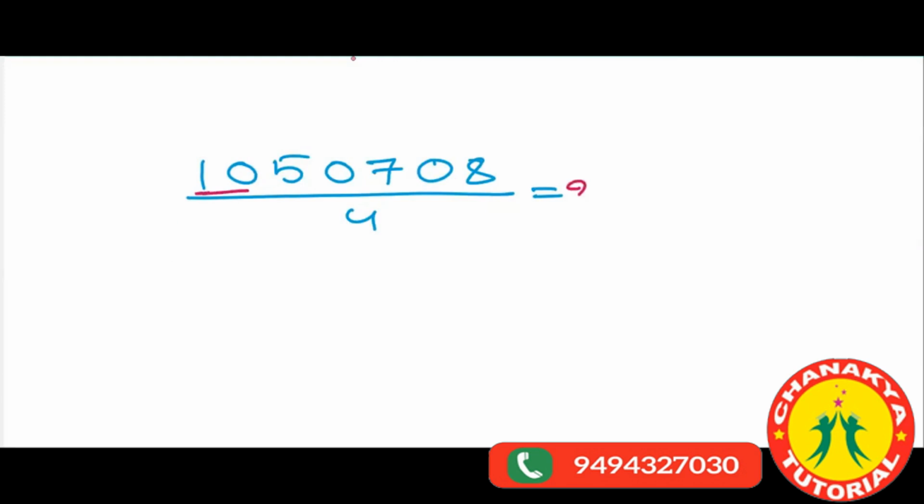So 4 2s are 8 with remainder 2. Then 4 6s are 24 with remainder 1. 1 means it is 10. 2 times with remainder 2, and that remainder makes 7 into 27.